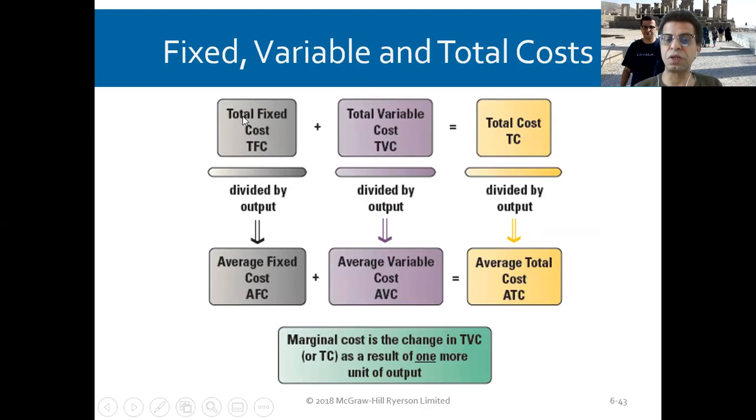And total fixed cost plus total variable cost results in the total cost. So the average fixed cost plus the average variable cost will also result in the average total cost. The marginal cost is the change of the total variable cost or the total cost as a result of adding one more unit.